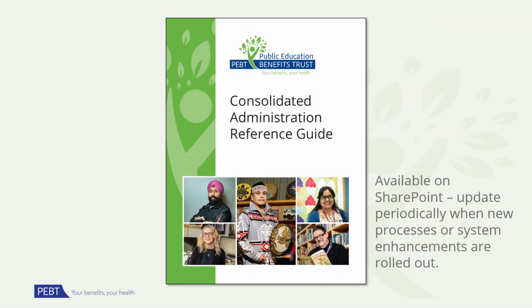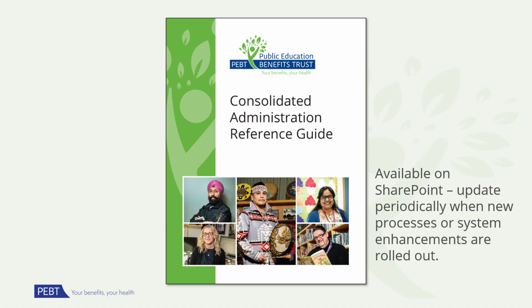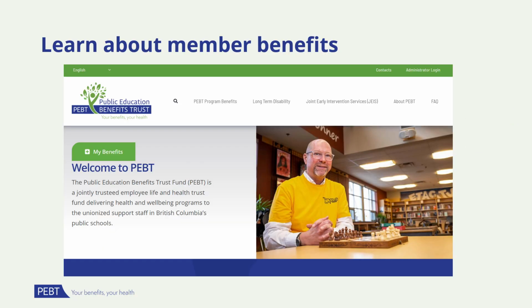The Consolidated Administration Reference Guide provides details on how AdminNet is set up to administer waiting periods for your PEBT group, FAQs based on questions asked by benefits administrators, a link to the Mass Salary Loader, and a link to the Core LTD Reimbursement Process Guide. It is important to read this guide when you first become a benefits administrator and reference it when you have administration questions.